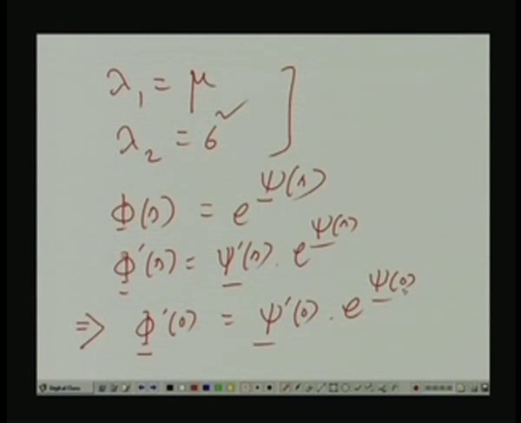But as we have seen, psi bar 0 is 0, and e to the power 0 is 1. So this is equal to the derivative of psi bar at 0. But this quantity is m 1, which is equal to mu, and this is equal to lambda 1. So this is proved. Okay, so we come to the next thing.